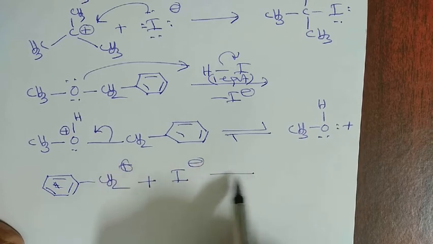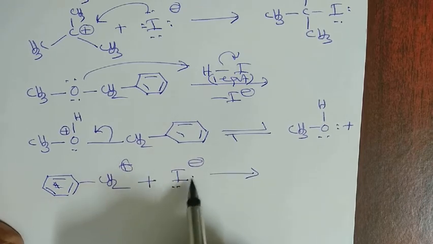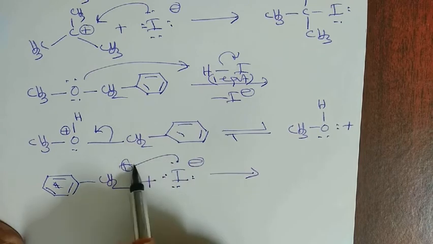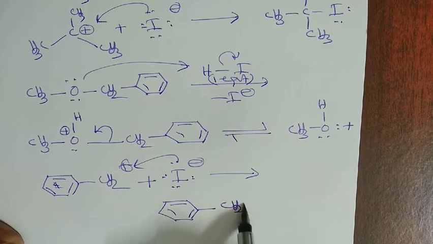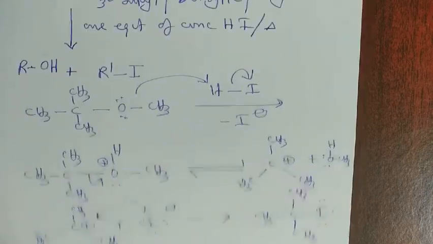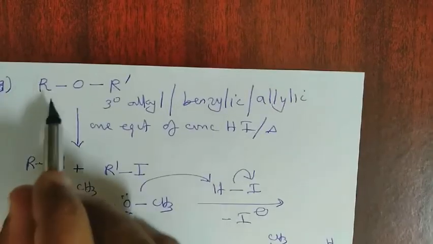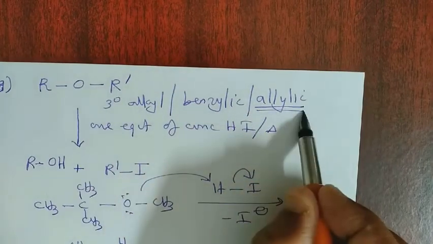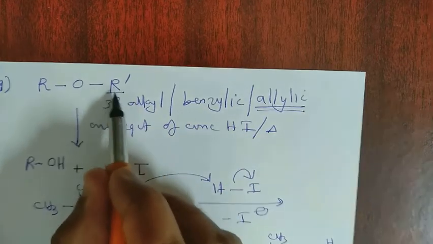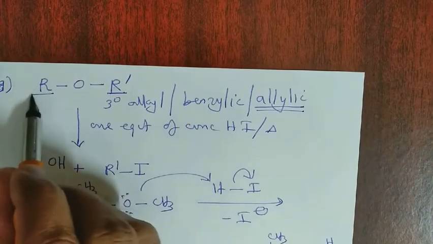In the next step, benzyl carbocation combines with iodide ion to form benzyl iodide. Similarly, if R' is an allylic group, the product will be a mixture of allylic iodide and alcohol.